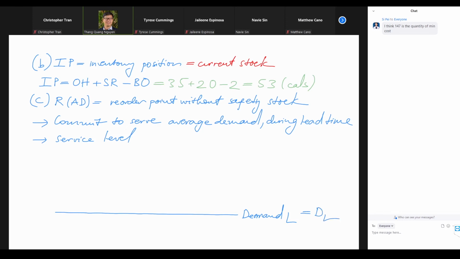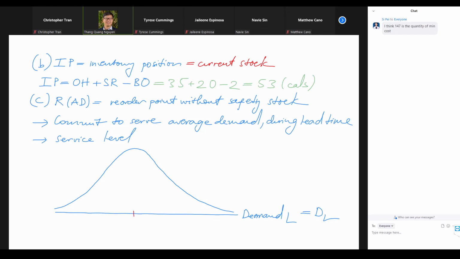The demand during the lead time is a varying number because we talk about uncertain demand. Sometimes demand is high, sometimes demand is low, right? But the demand will be fluctuating around the average. And that's why we assume that the demand follows the normal distribution like this.